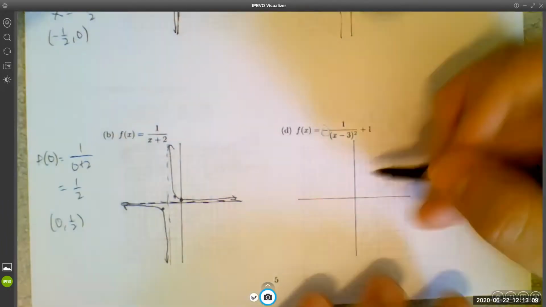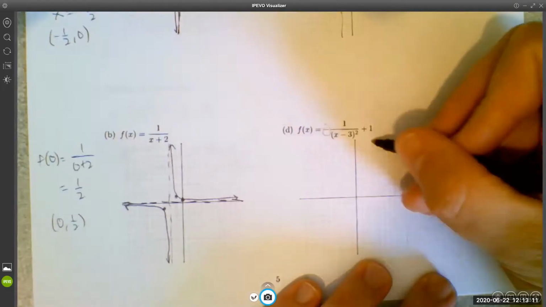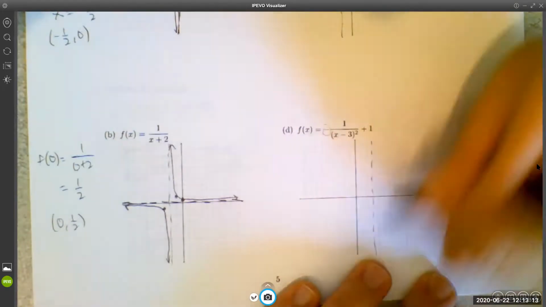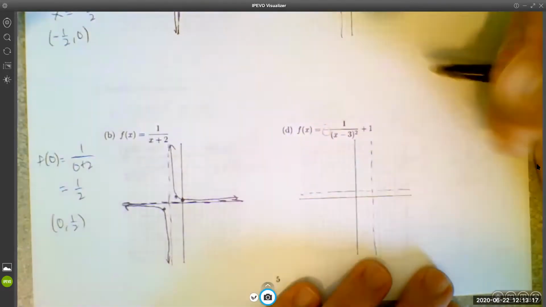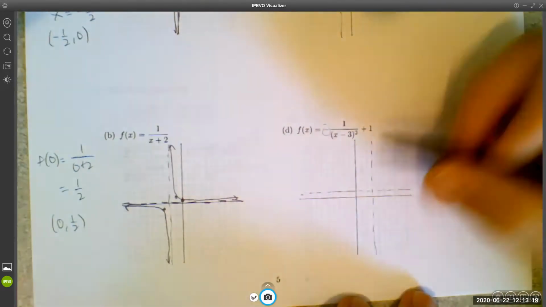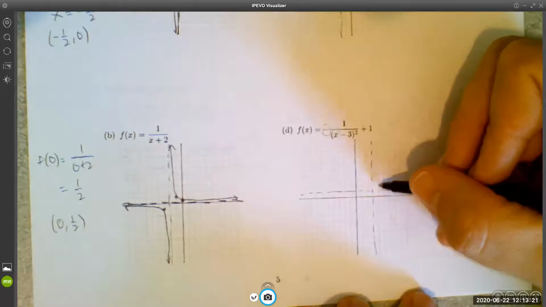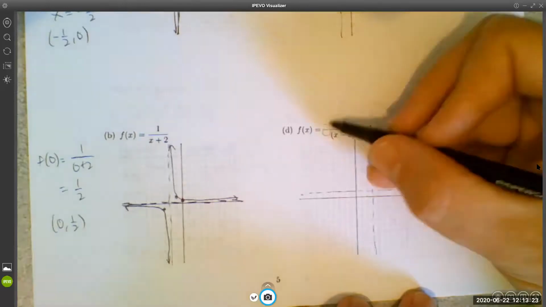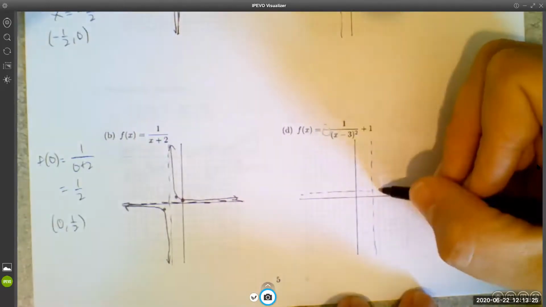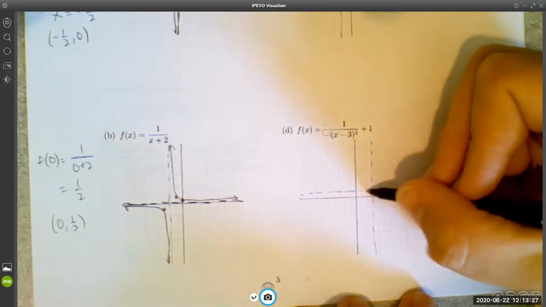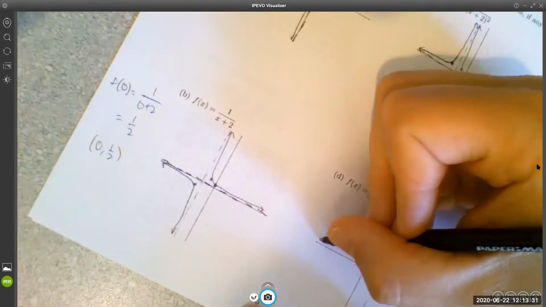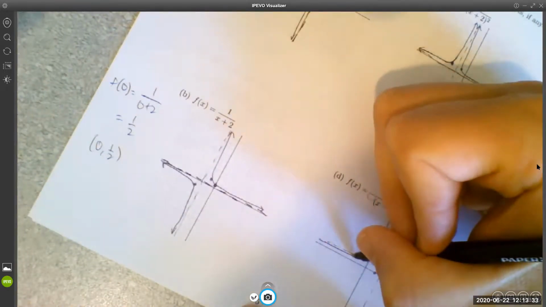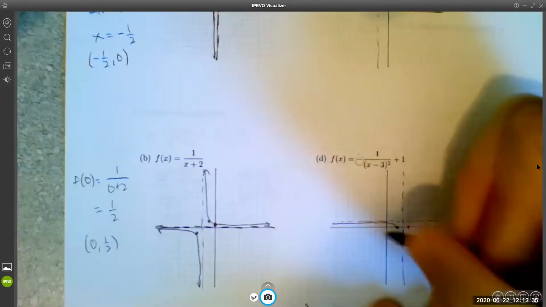So my asymptotes are going to be at 3 and 1. So this is my new axis system. Now usually I would have the point 1, 1 and -1, 1, but because it's been flipped over, it's going to be 1, -1, -1, -1. Right? And so this is the graph that I get.